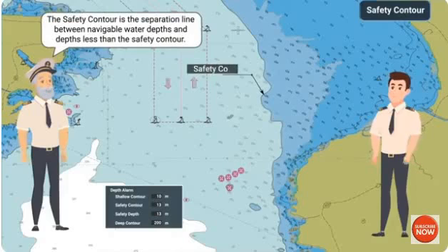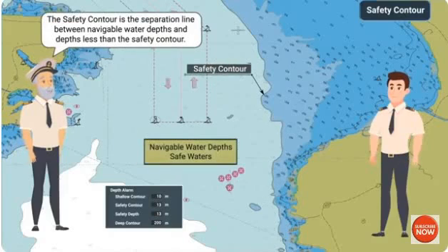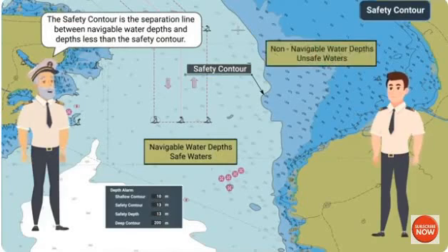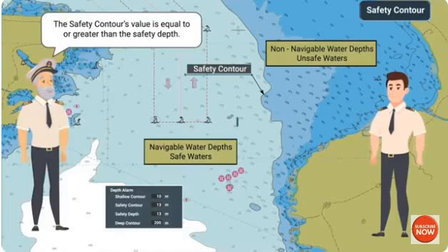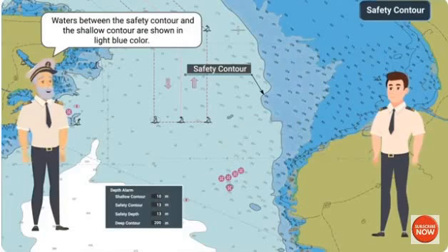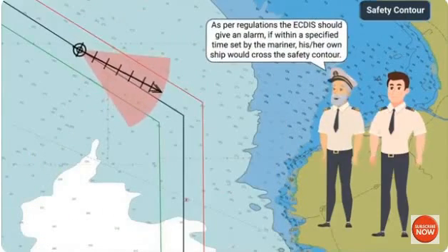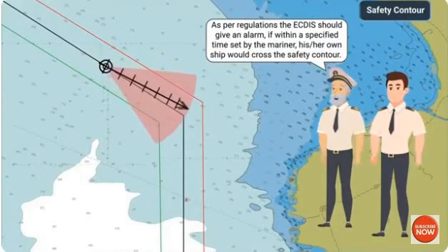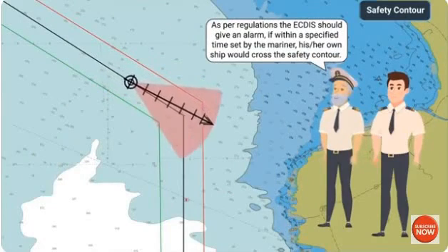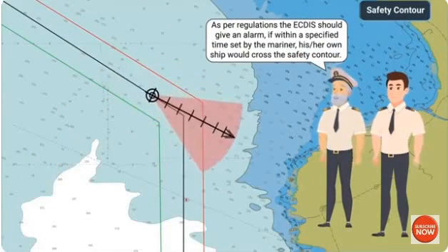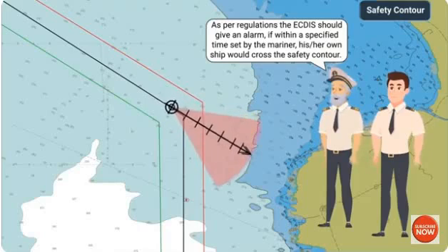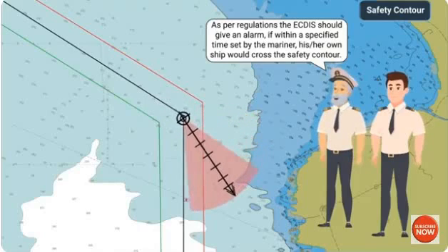The safety contour is the separation line between navigable water depths and depths less than the safety contour. The safety contour's value is equal to or greater than the safety depth. Waters between the safety contour and the shallow contour are shown in light blue color. As per regulations, the ECDIS should give an alarm if within a specified time set by the mariner, his or her own ship would cross the safety contour.